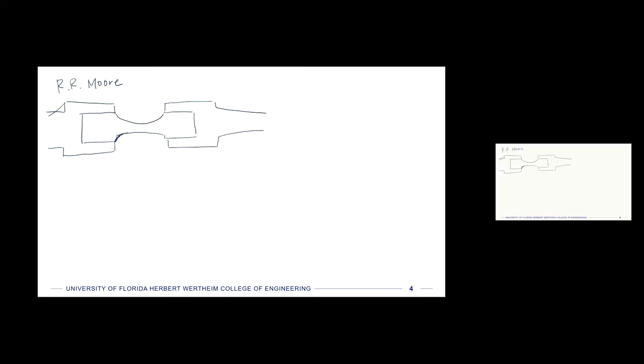So you put it in some fixtures, and then put some bearings on this thing so that it stays in place. I'm going to draw those on top and bottom.